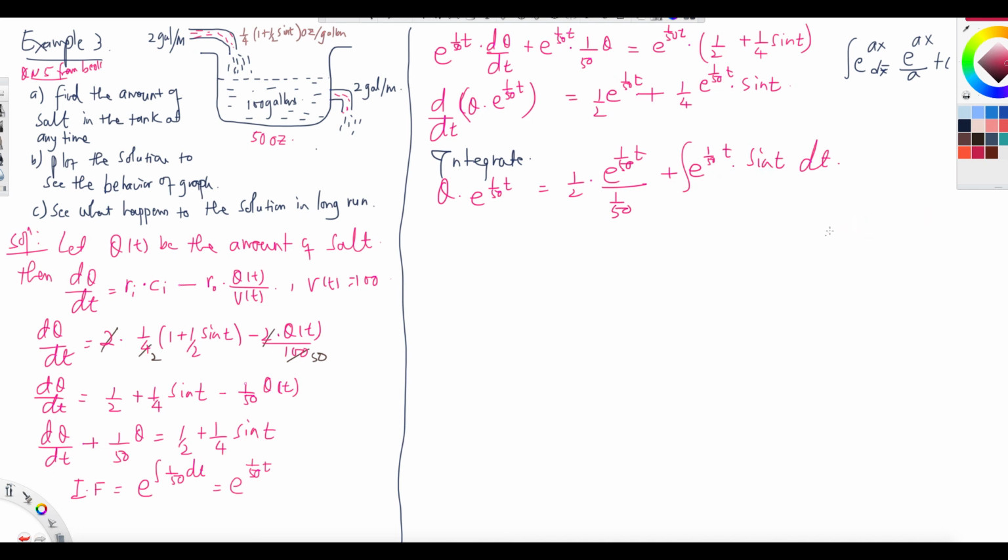What is the formula for that? Let me write down the formula for that. You will have to use the integration by parts twice, right? So let me write down the direct formula.